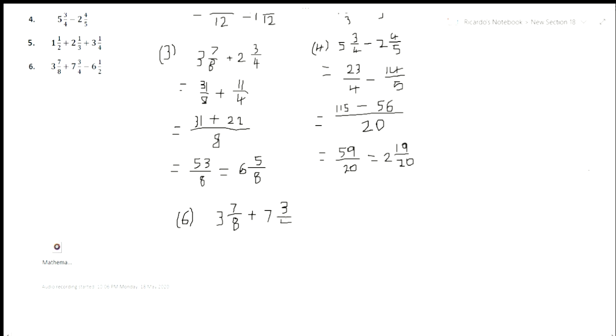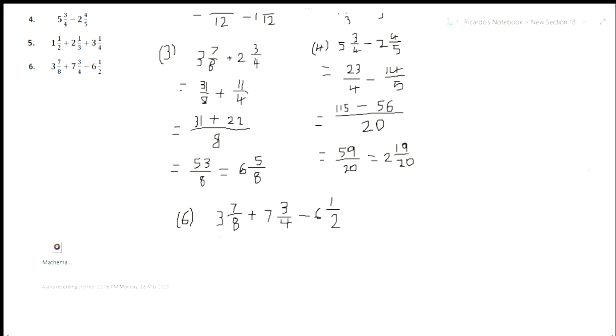I'm just writing down the question here. So the first thing we're going to do is put them into improper fractions, as you already know.